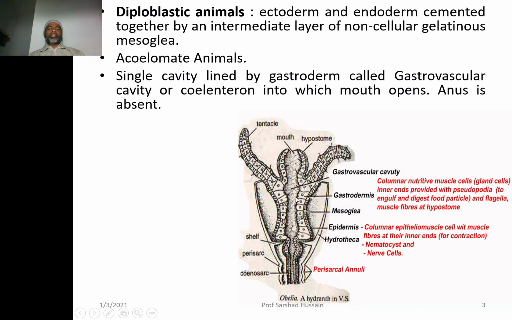Body cavity always lies between the wall of the gastrovascular cavity and the outermost body wall, or you can say between the wall of the intestine in multicellular organisms like in our case, or the higher vertebrates, and the body wall. So if the cavity is lying somewhere here, it may be called the coelom, but the cavity of the digestive system can never be considered a coelom. So these animals are acoelomate.